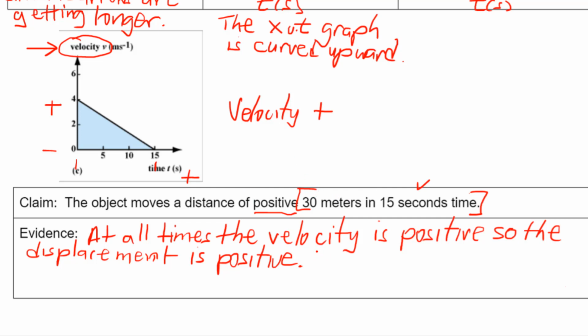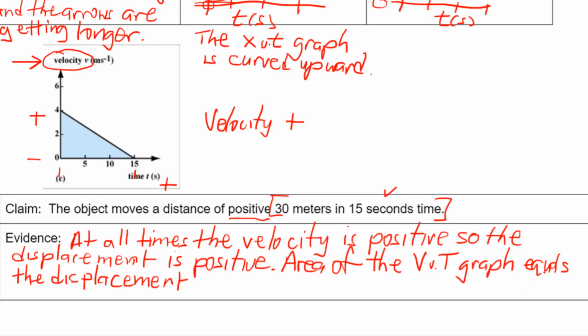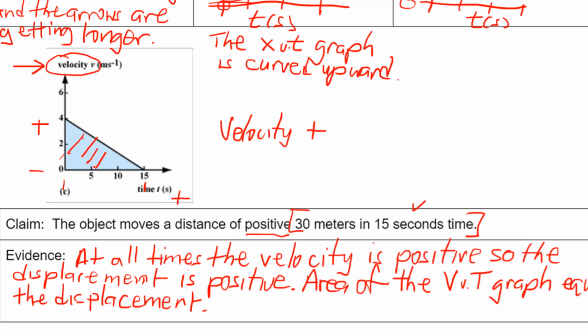The first part of this is that the area of a velocity versus time graph equals the displacement of an object. You see that here. Now let's go ahead and calculate this. This area here looks kind of like a triangle.